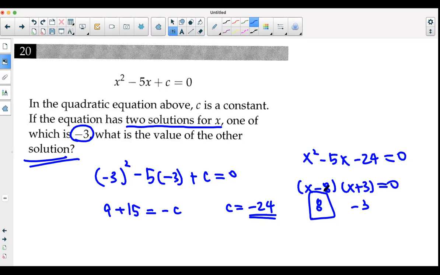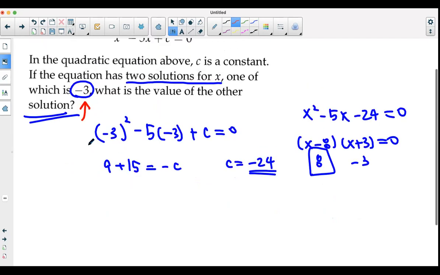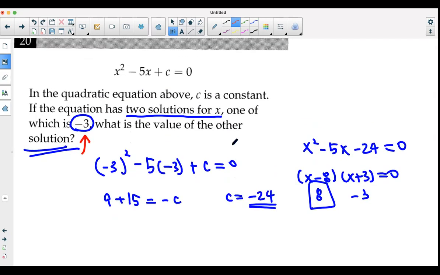This is a method that might typically be done, but there are other ways as well. Another way is this: if you know a solution, then you know a factor. Watch this, guys. The second method is actually the one I like the most.